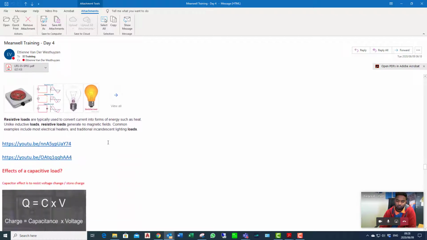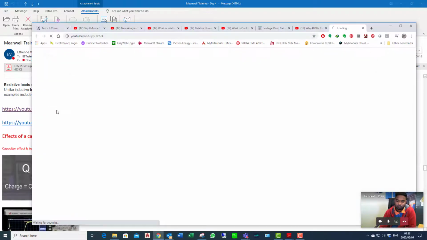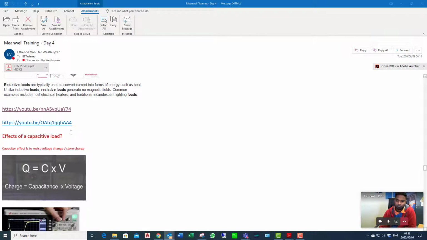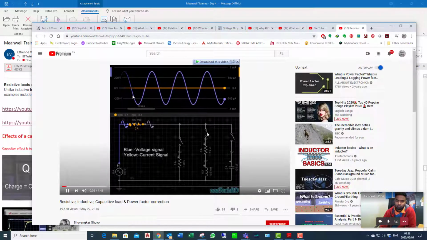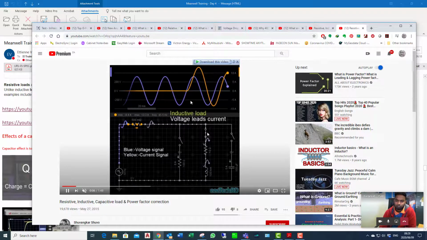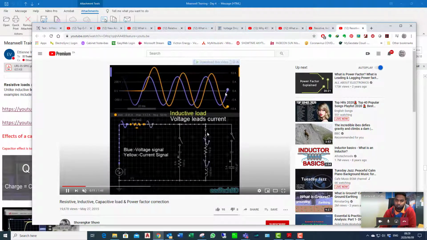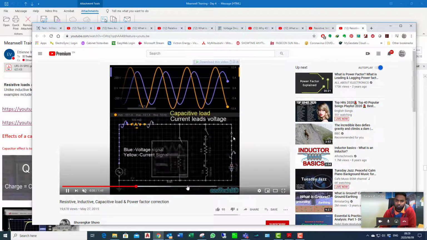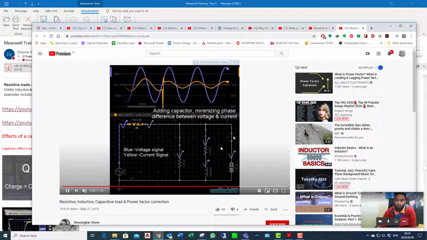If you want to look at the impact it has, you can look at some of these videos. If you look here, you'll see a normal sine wave that comes through, and as you add inductive load, you look at the amps and how they follow, and what the difference is between a voltage signal and a resistive signal. All of that has a major impact on a power supply.